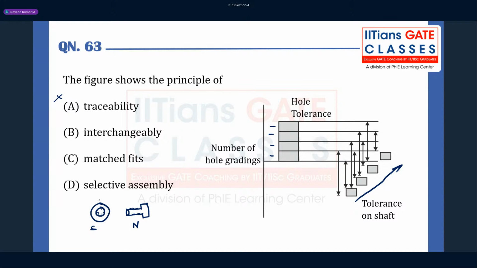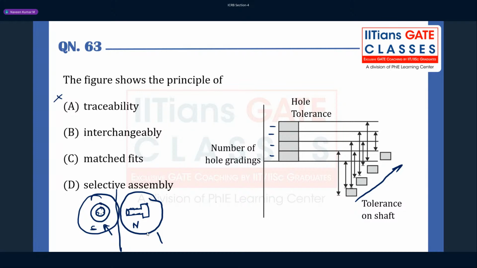But see, for this screw there might be some kind of tolerance limit, and for this nut there will be some tolerance limit. Say there is some carton where screws are placed, and some carton where nuts are placed, manufactured in different places.